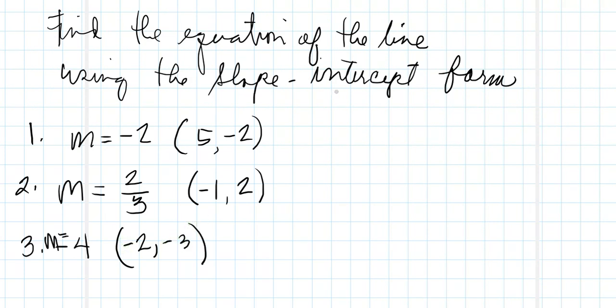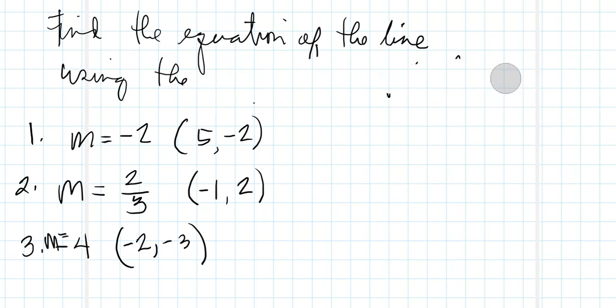Okay. So this is not point-slope form. This is slope-intercept form.